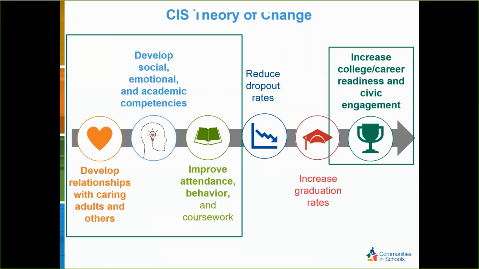Some of you might be familiar with this graphic showing the CIS theory of change. This diagram shows our focused and intentional activities and practices, which include developing relationships with caring adults, developing social, emotional, and academic competencies, and improving attendance, behavior, and coursework. We believe these will ultimately guide us to our intended outcomes, to increase the number of students graduating from high school and ensure that students are equipped for college, career, and civic engagement after graduation.